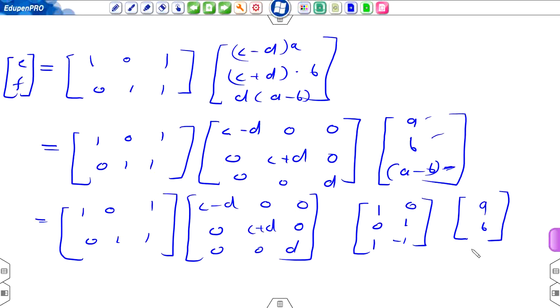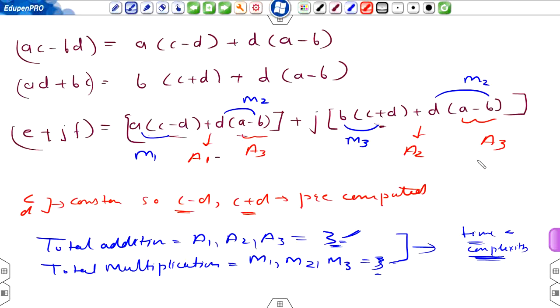So now this consists of only signal A and B. This consists of constants coefficients. Okay, so C minus D, C plus D can be computed before, and this term is responsible for addition A3 because we have A minus B. Okay, so this is addition A3 A minus B.